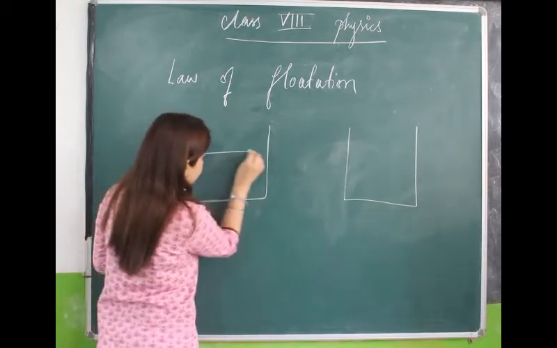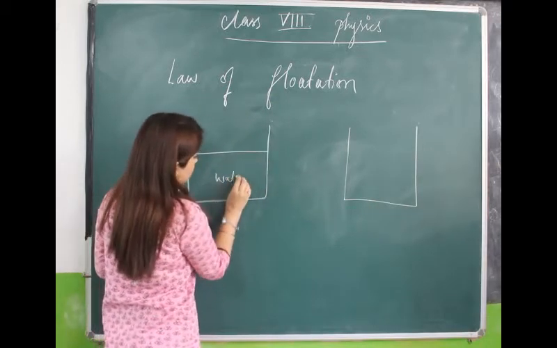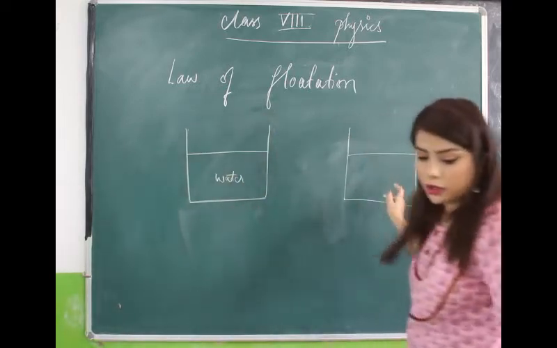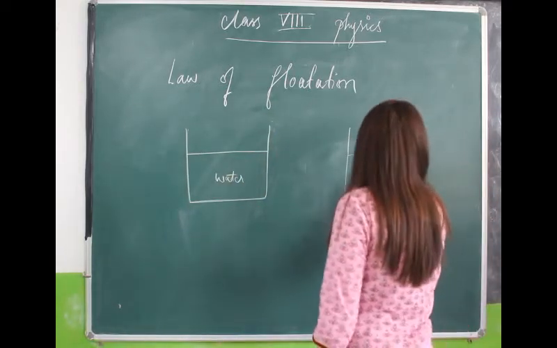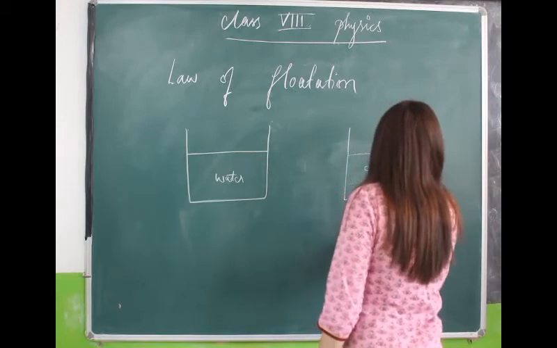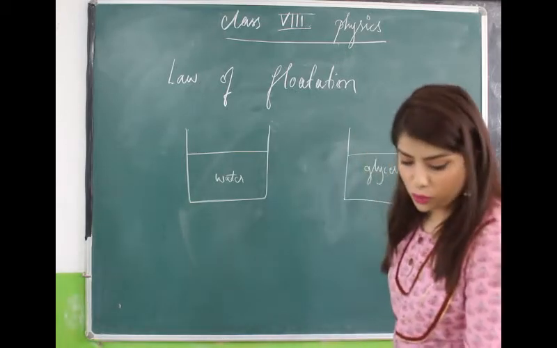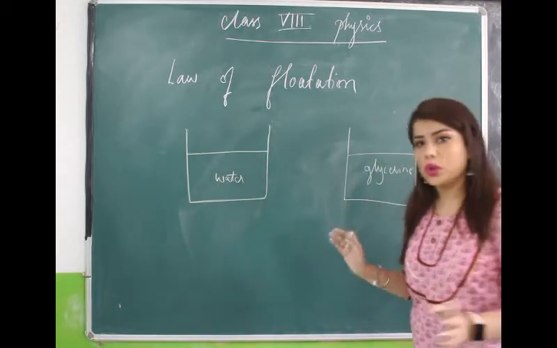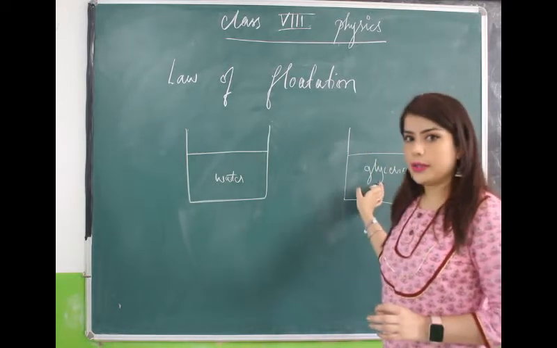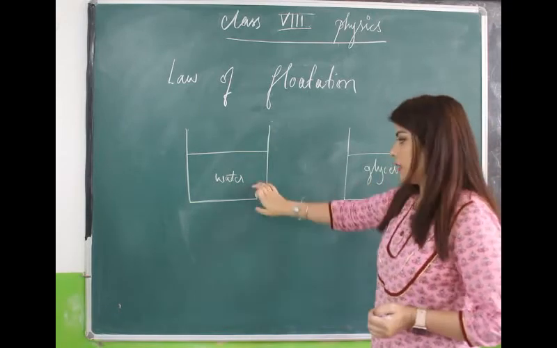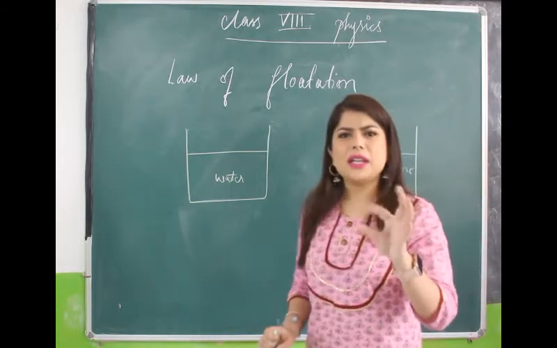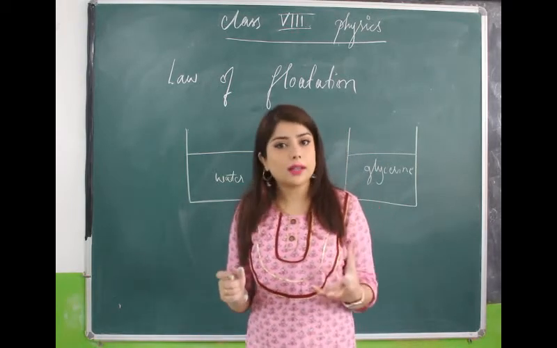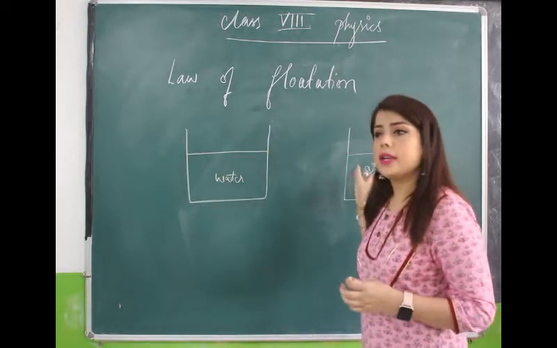In one there is water, and in another vessel we have glycerin. First, what we have to know is that the density of glycerin is more than the density of water. If you take glycerin in your hand and water, which is thicker? Glycerin is obviously thicker than water. So glycerin has more density than water.